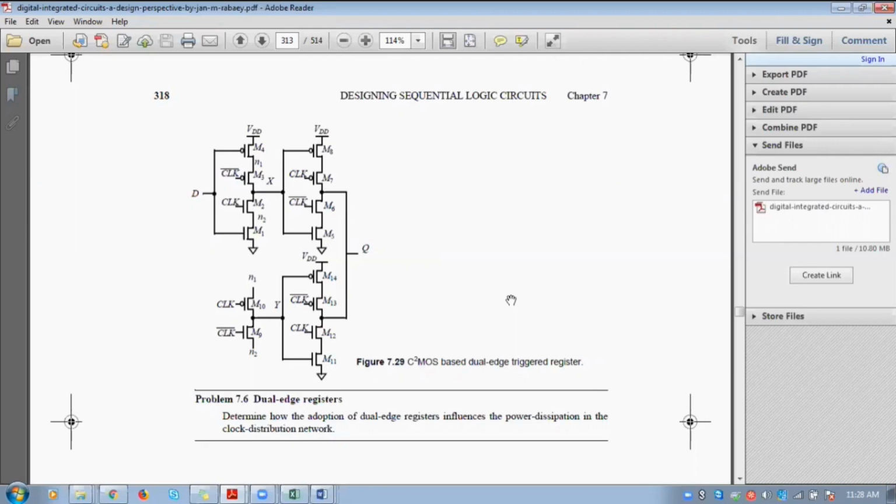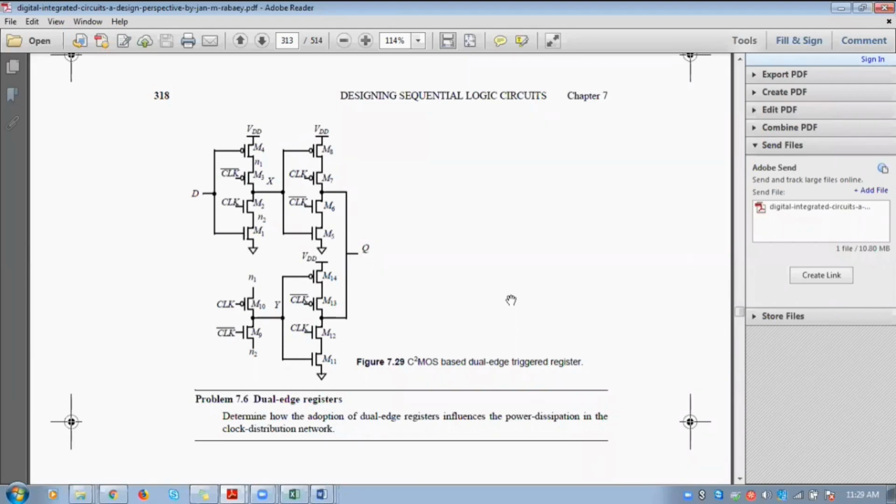The positive name is given based on the slave mode. So slave will be in transparent mode when we are supplying a rising edge to the slave. At that time, master will be supplied with a falling edge and it will be in hold mode.